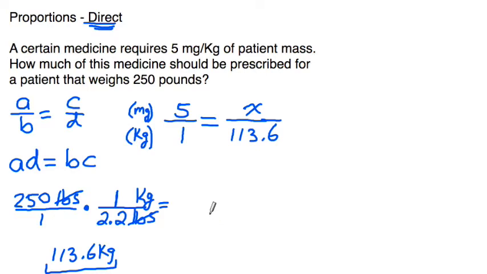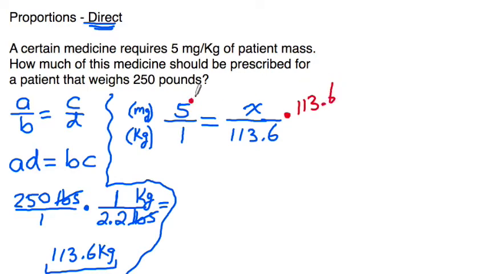Now, you could cross-multiply to solve, setting it up as AD equals BC. But there's really no reason to do that, because what you're trying to do is solve for x. So a shortcut would be to multiply both sides of the equation by 113.6, and the final answer will be 5 times 113.6. So x is equal to 5 times 113.6, which is 568.2.